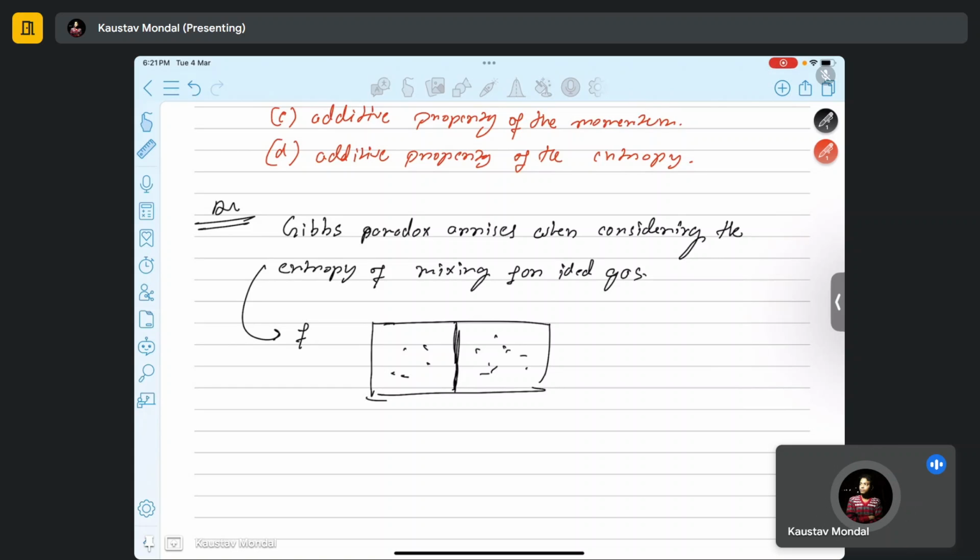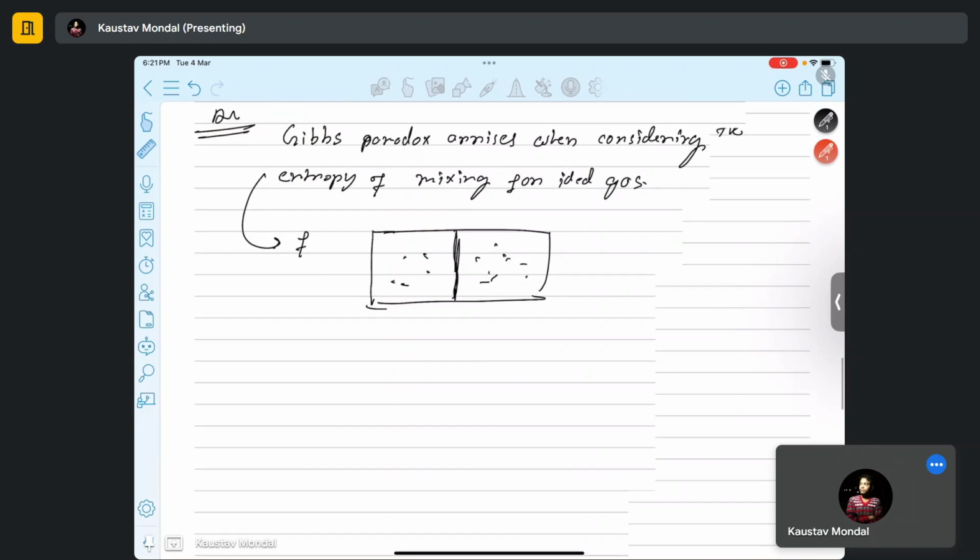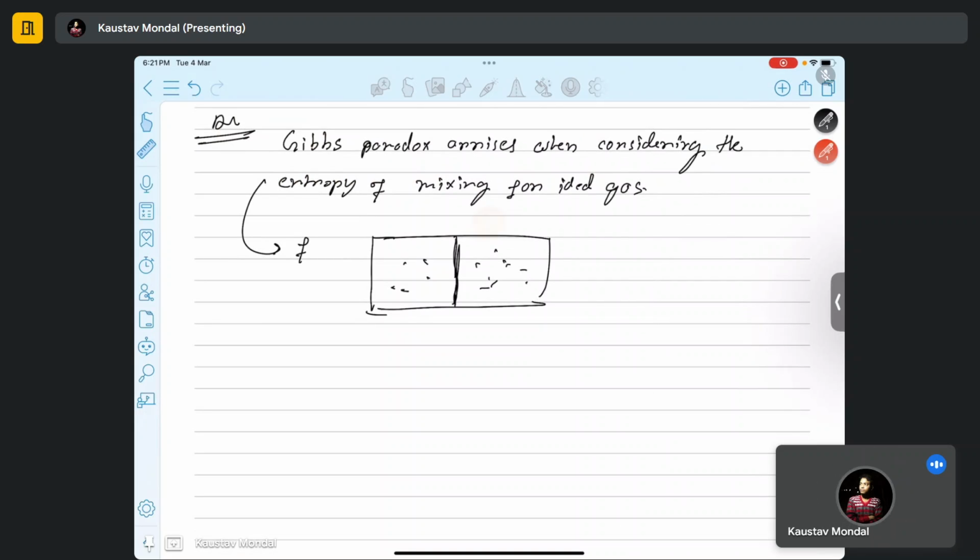This indistinguishability leads to a correction factor in the entropy calculation, which ensures that when you mix two identical gases, the entropy of mixing gives you a zero value. This should be the result you get, right? So let me just write it, one second, okay?